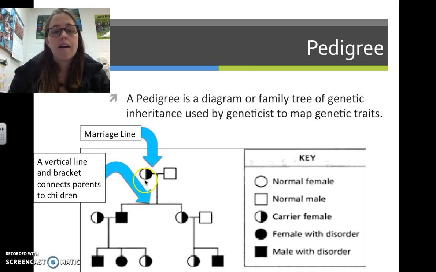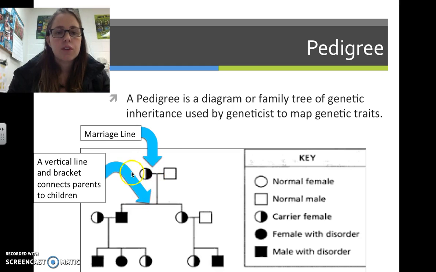Automatically, when you see half colored in, you know it's a recessive disease, because if this individual has the dominant trait, that means they don't have the disease, but they carry the recessive trait that could lead to the disease.